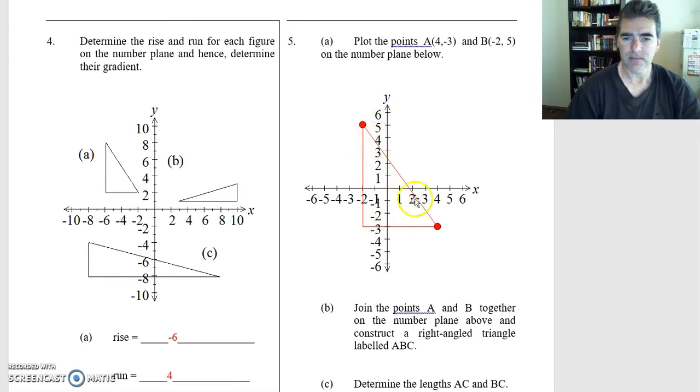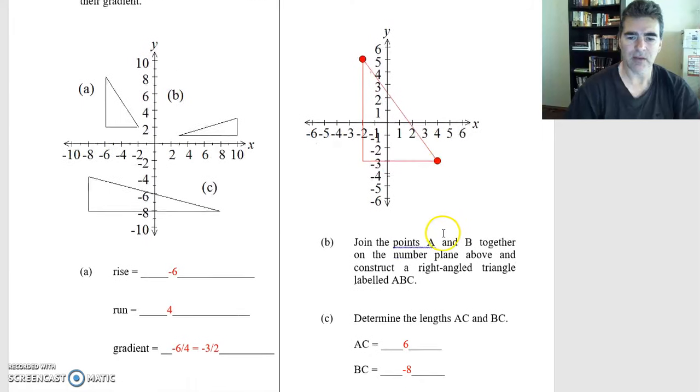Join them together, make a right angled triangle, rise and run, and I should be labeling that the point C. Now, if I want to find the length of AC, I'm going from -2 up to 4, so that's a run of 6.